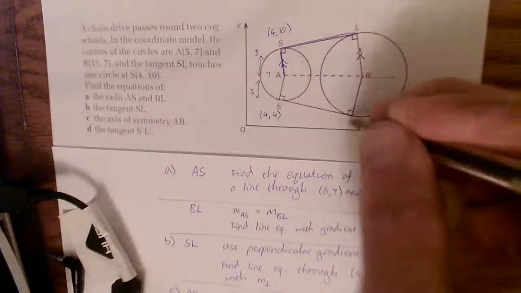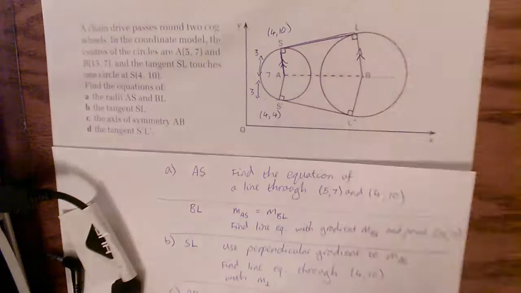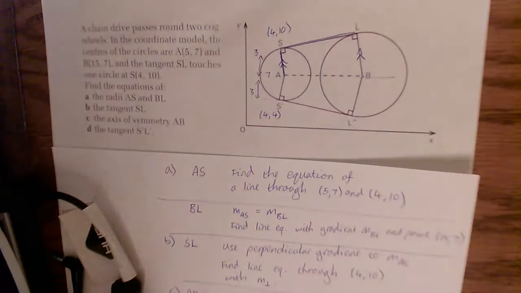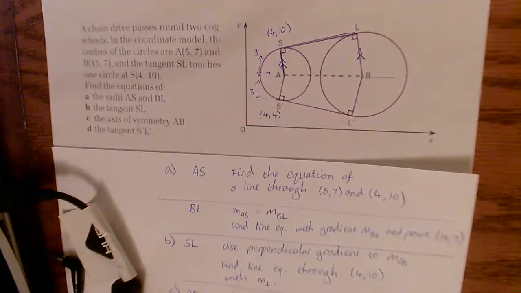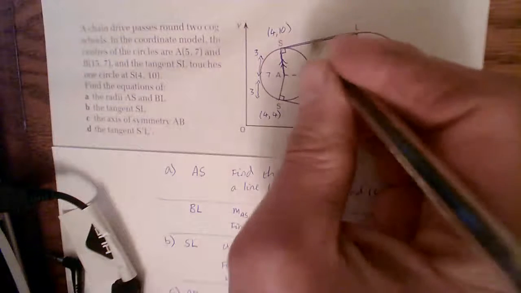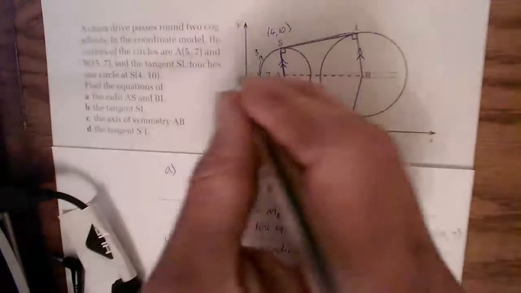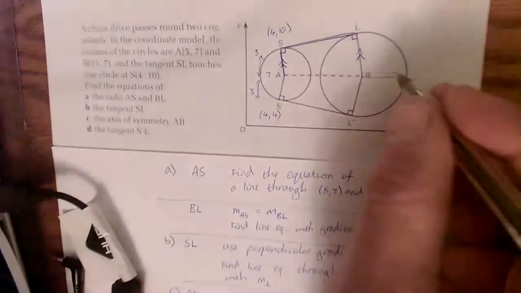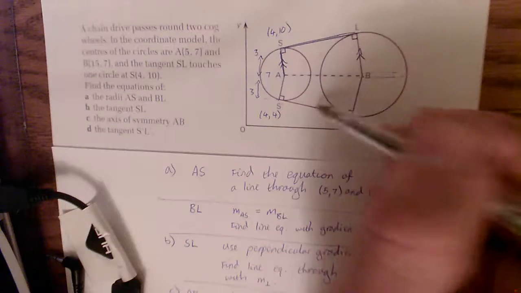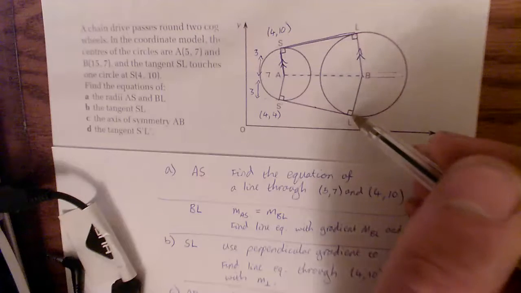With symmetry, we can do exactly the same trick here, except we don't know the point L, so we can't quite use that to help us. What we could use is a very clever little trick, and this is something that will always work. We haven't mentioned it before, but if this is going uphill with a gradient of, say, a half, and I reflect it in this line, which is horizontal, it only works if it's a horizontal line, and I reflect it down here, instead of going uphill with a gradient of a half, it will now be going downhill with a gradient of a half.